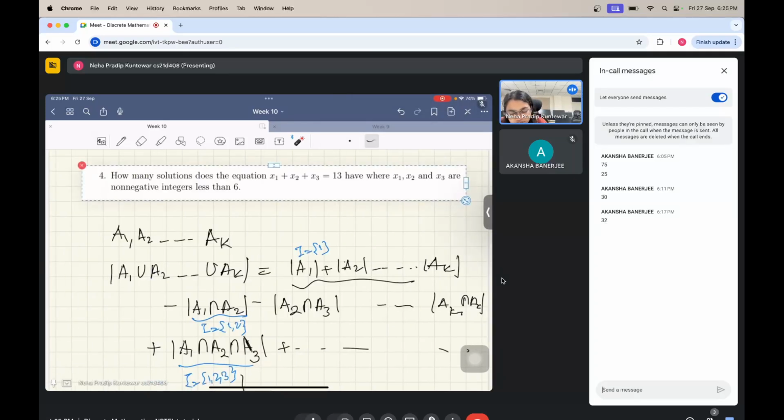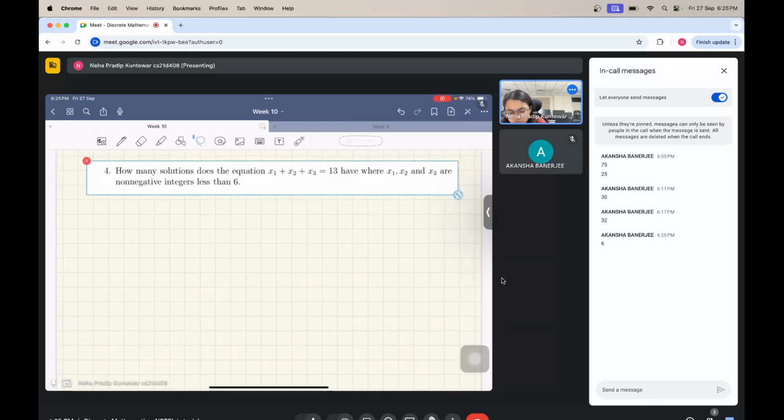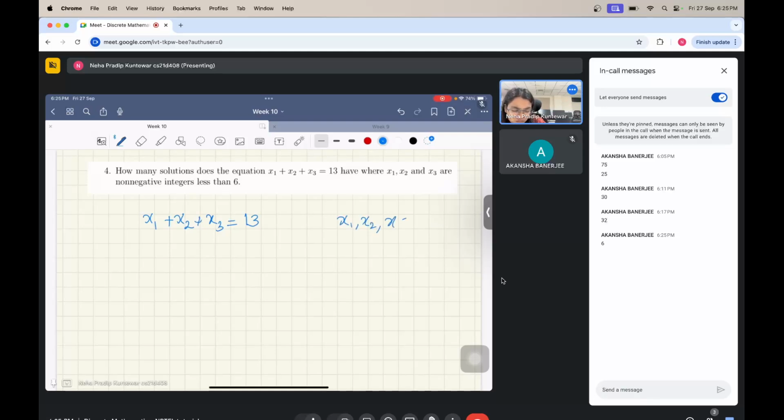So you first ask the question, how many solutions does this equation have where the only constraint is that x1, x2, x3 are all greater than or equal to 0? What is the answer for this question if there are no other constraints?